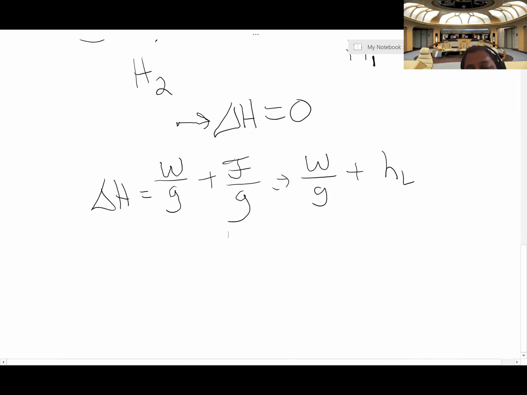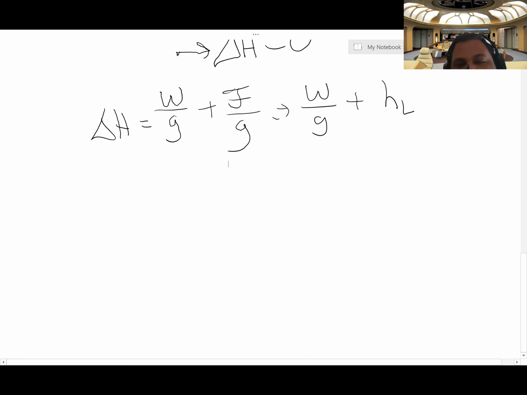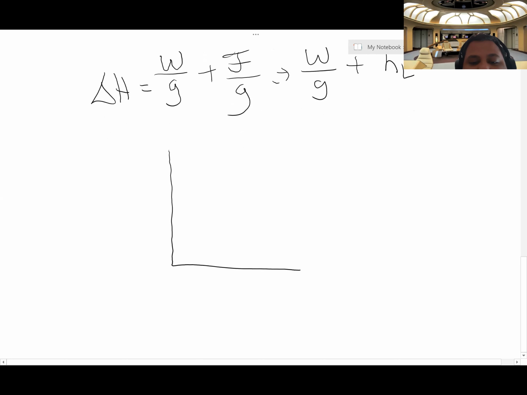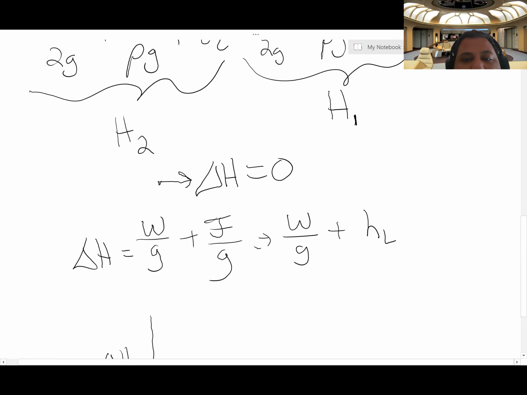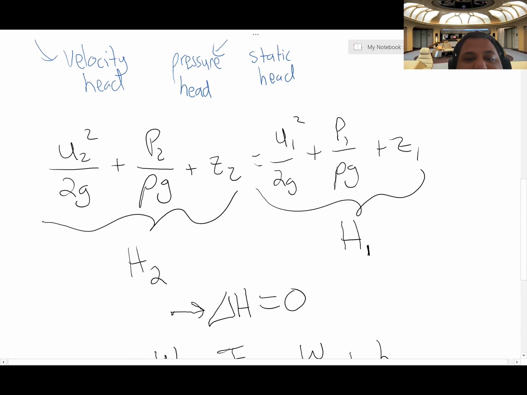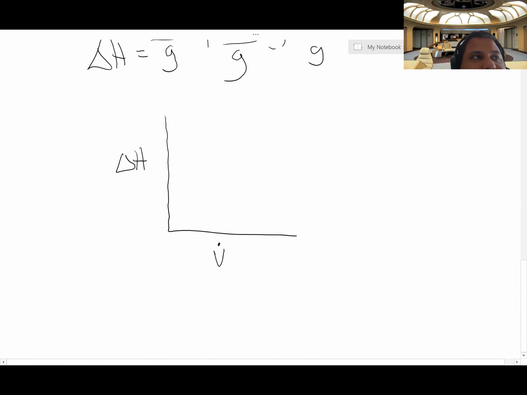And this becomes important because when we look at fluid transfer equipment and pump and compressor design and operation, a lot of times the way it's described is essentially in fluid head terms, where we end up looking at pump and compressor curves that are a function of both the flow rate and the fluid head that can be added by that piece of equipment. And so it's important to understand where these terms come from and how they relate to the energy of the fluid itself. Are there any questions?